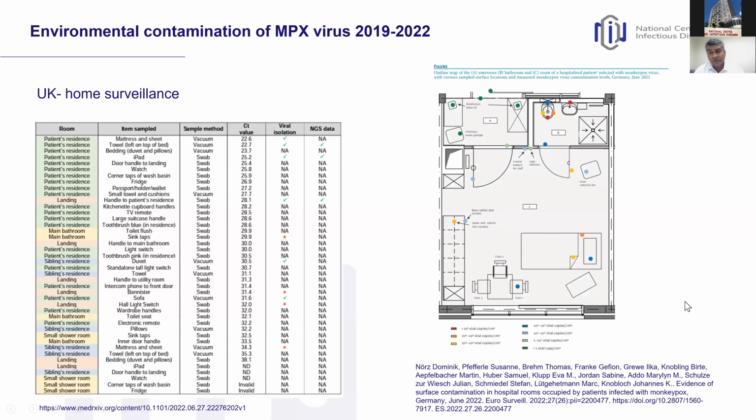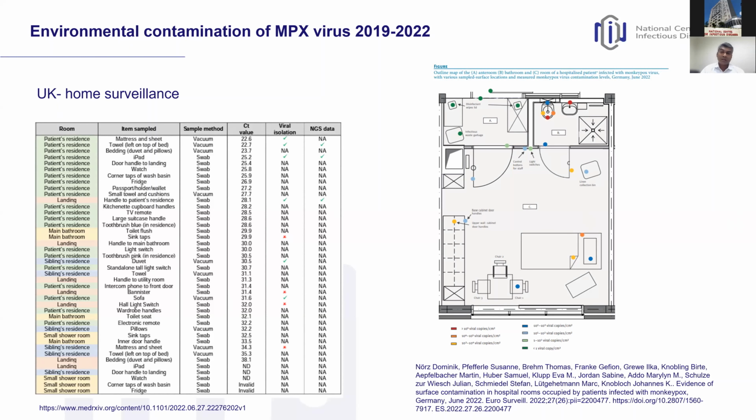The next is the Eurosurveillance paper that just came out. The references for both these papers are down here if you're interested in reading. This is a patient room surveillance in the hospital, whereas the first one was community. As you can see, there was extensive contamination, with the toilet area, the toilet seat, and the sink having extensive contamination. This is somewhat similar to what we found, and they also found viable viruses in these areas.